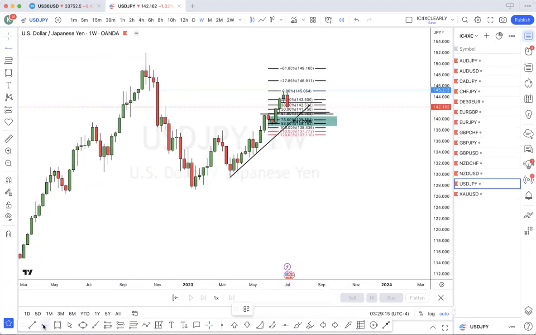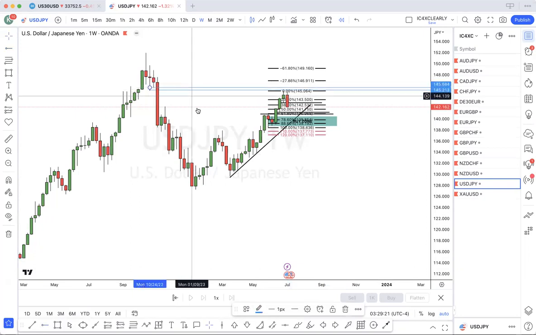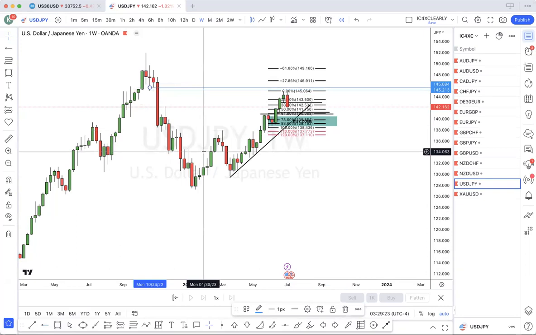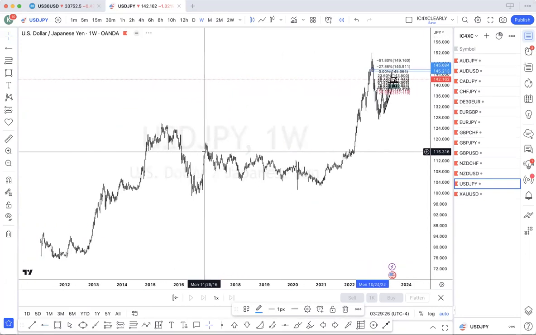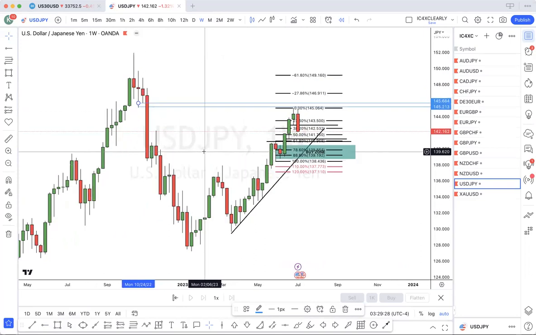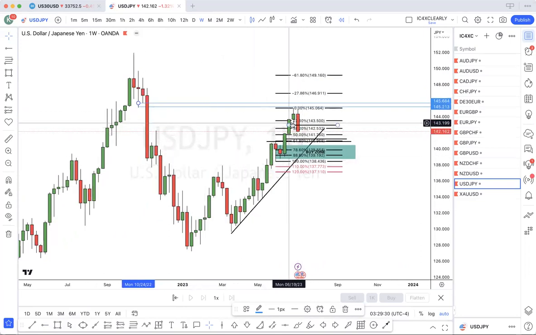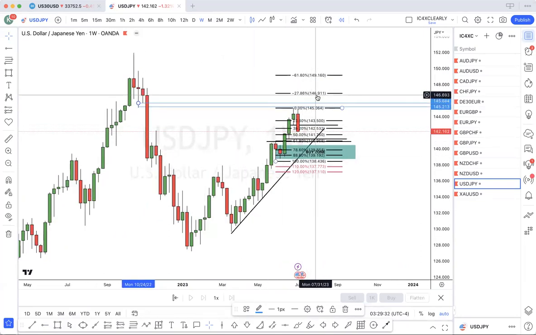We have a weekly that did not tap into this imbalance here. I think it's going to keep buying up though. So this pullback to the -27 or the 618.